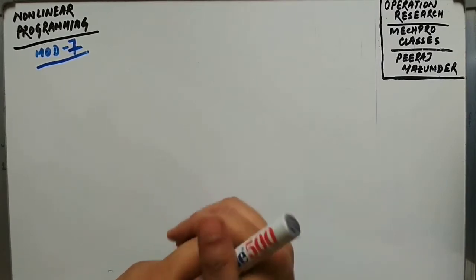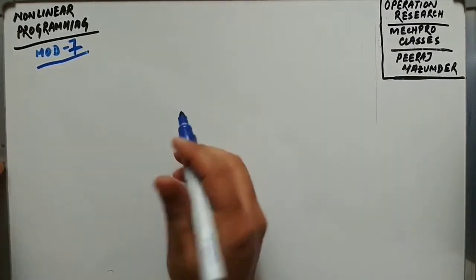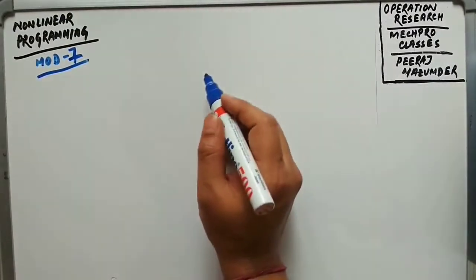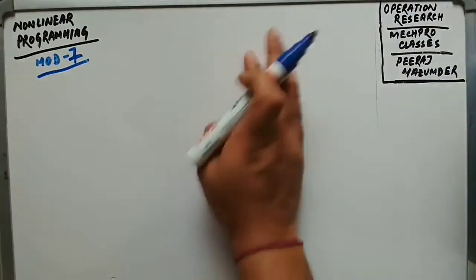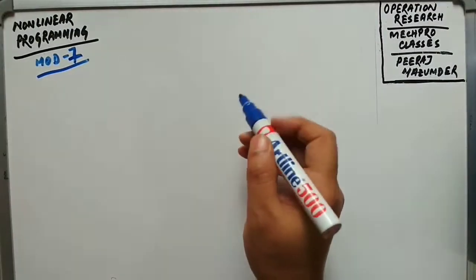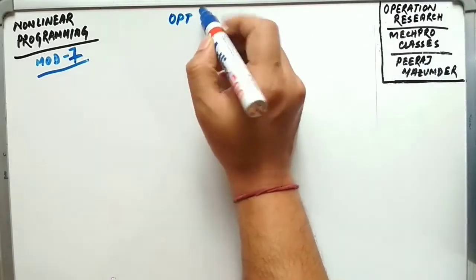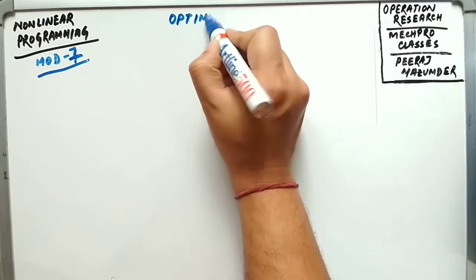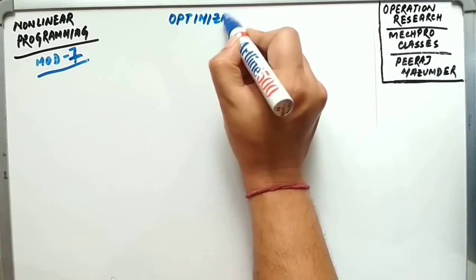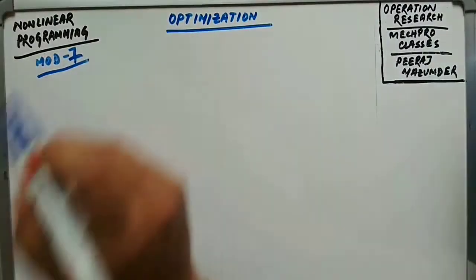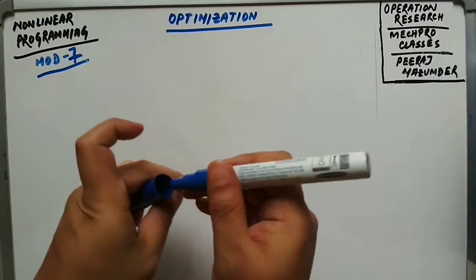Okay, so starting with this last module of our operation research, I must tell you that in operation research we are dealing with optimization. The foremost word, the most important topic, is optimization.